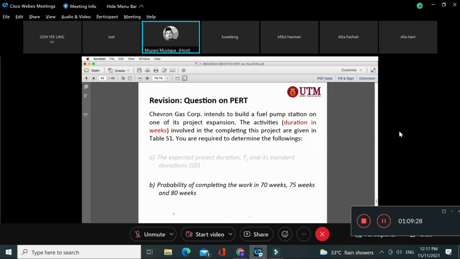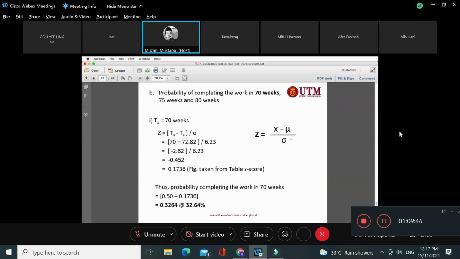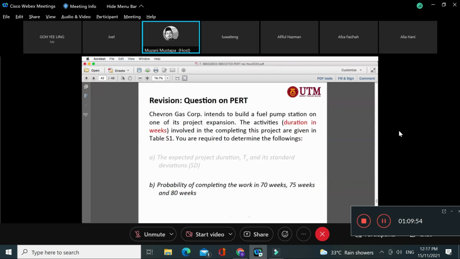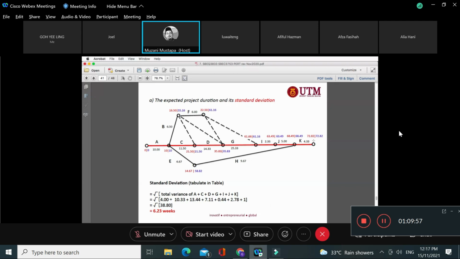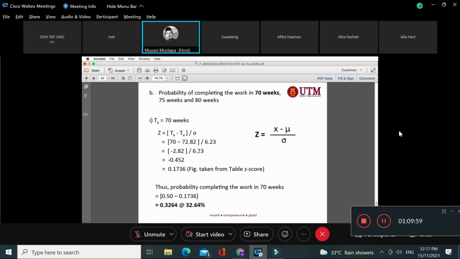Okay, so the question asks you the probability of completing the work in 70 weeks, 75 weeks, 80 weeks. The equation that we use is Z, the area under the Z-score table, right? So you use this Z-score formula. Because for 70, we know the project TE is 72.82, so 70 is lesser, so it becomes negative, because 70 minus 72.82 is negative, right?